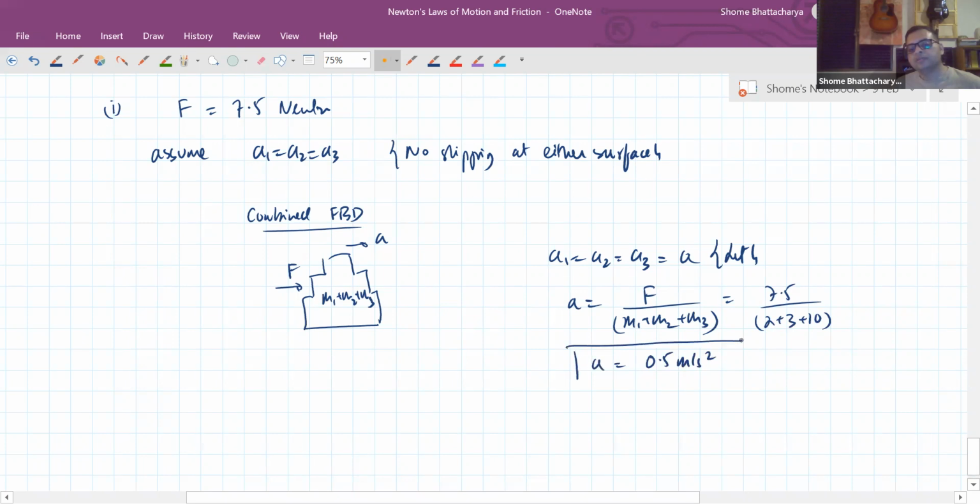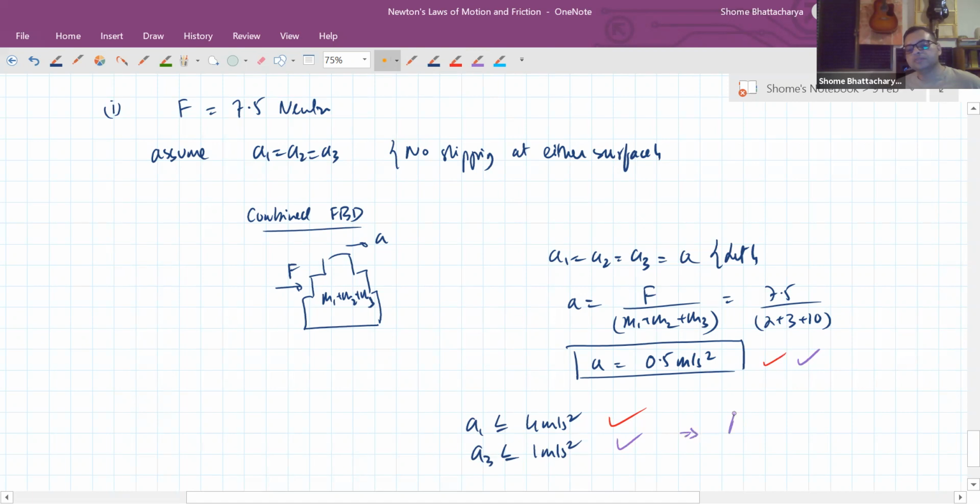Now the rest I don't really need to do so much, because I've already seen that A1 should be less than or equal to 4 meters per second square. So that condition is getting satisfied here. And I have also seen that A3 should be less than or equal to 1 meter per second square. And that condition is also getting satisfied.